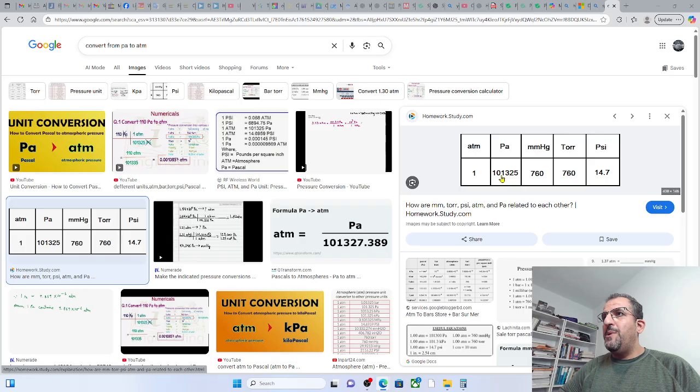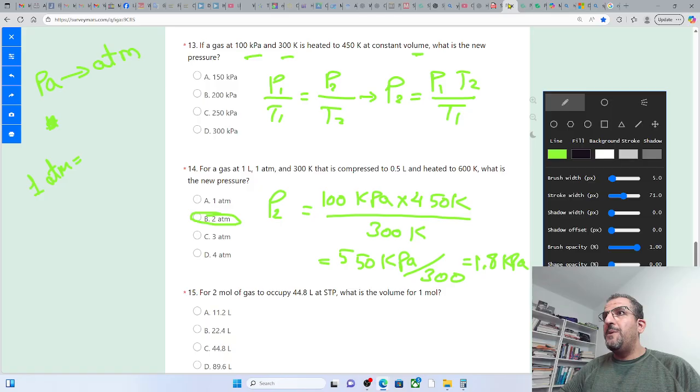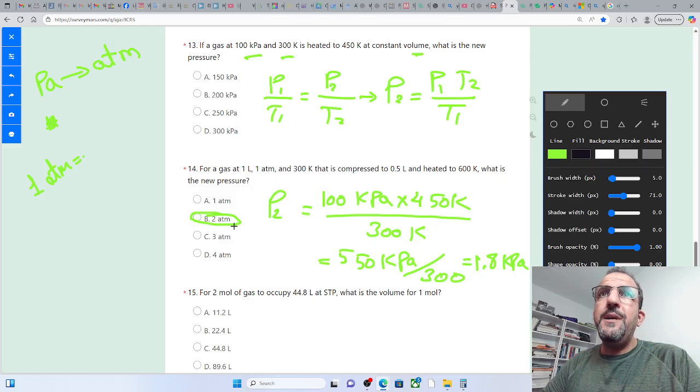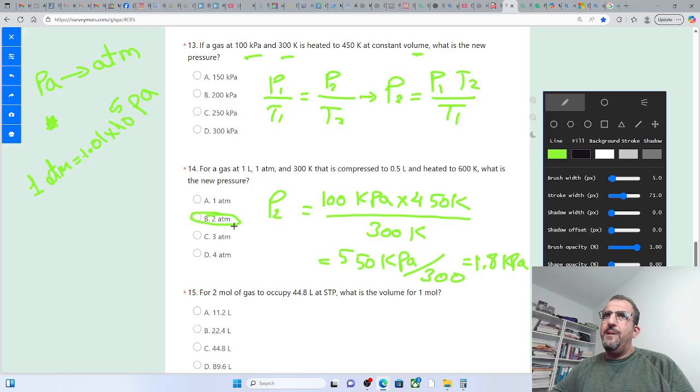So 1.01 times 10 to the power 5 Pascal. Okay, so this is the conversion that we are looking for. So let's now add it here.